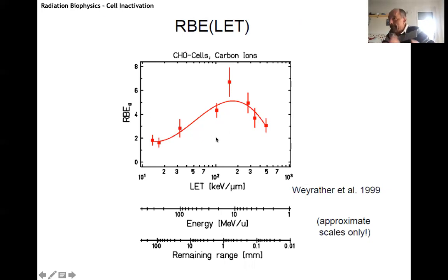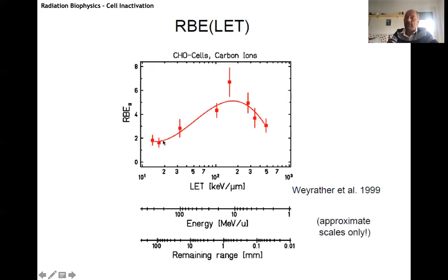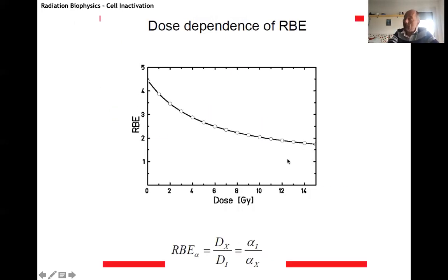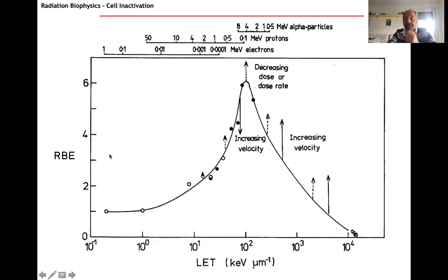If you remember, you have already seen it when we talked about chromosomal aberrations. We didn't plot the RB, we plotted the alpha of the induction of chromosomal aberrations, but it's the same. We saw that it was going up and then declining very highly. And this is always true.